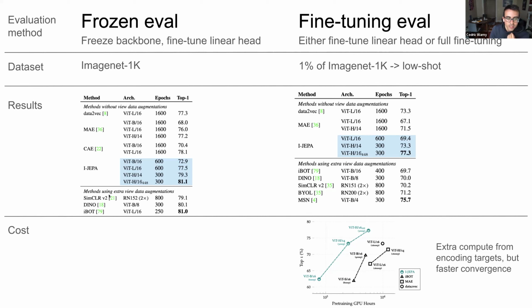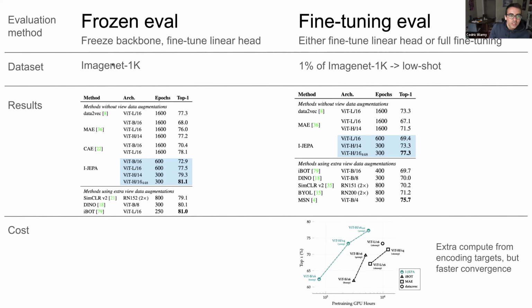But again, they are less general methods. So they compare different architectures. So here, basically, this column is the size of the model. Honestly, I don't actually know what B, L, H are, like base, large, huge, or something like that. And then 16, I forgot, that's maybe the patch size or something. It doesn't really matter. It's just bigger, essentially.